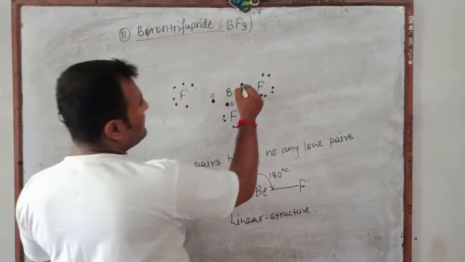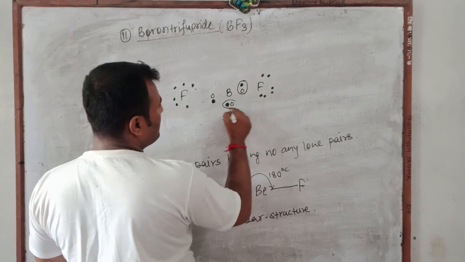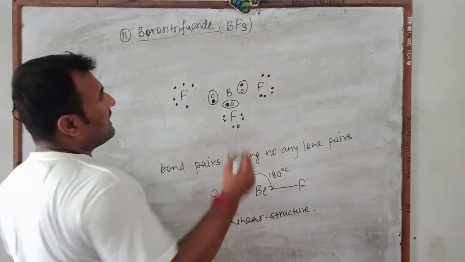And we found how many pairs of electrons are there? 1, 2, 3.